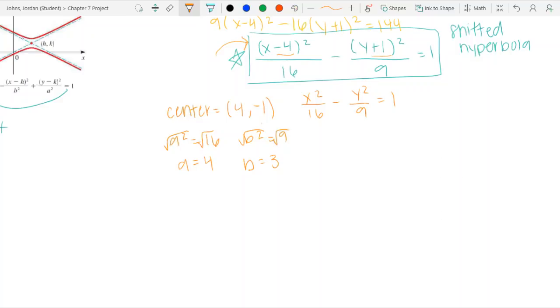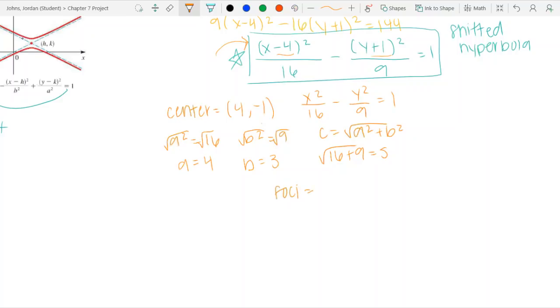Since we need to find c, c equals the square root of a squared plus b squared, which equals the square root of 16 plus 9, which equals 5. That means the foci are going to be 5 units to the left and to the right of the center.